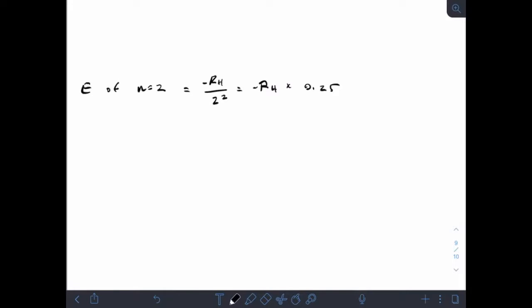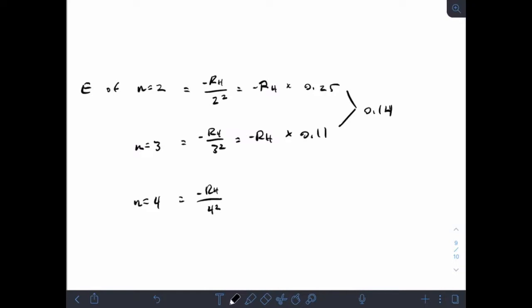Right? So if I go to n equals 3, negative RH over 3 squared, negative RH times 0.11. The difference between those two energy levels is 0.14. Now if I go to n equals 4, that's RH times 0.0625.